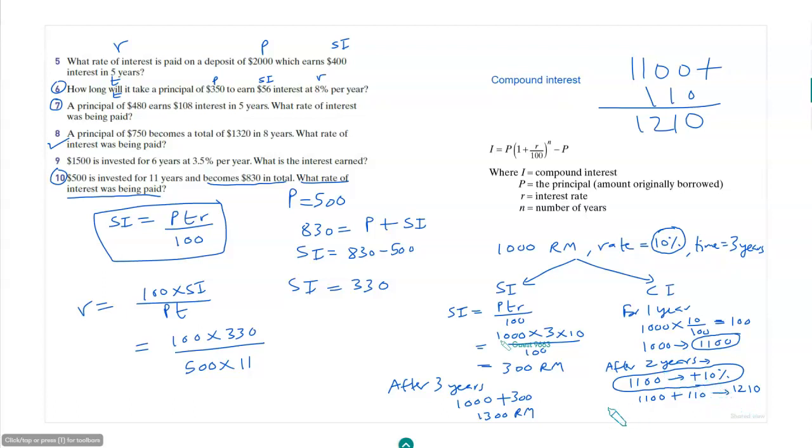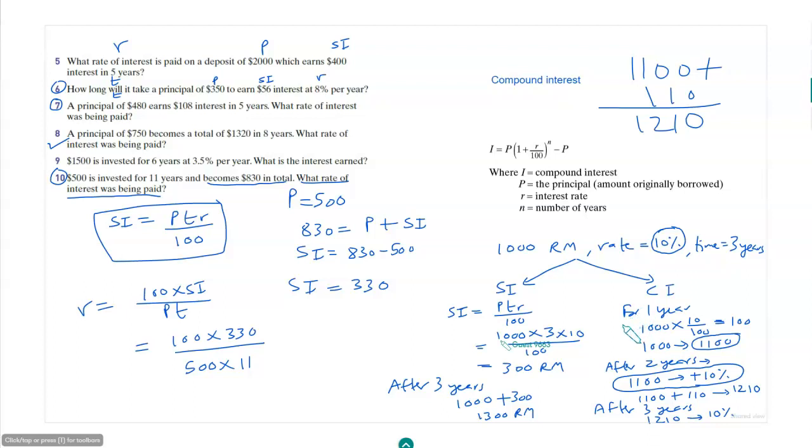Now what happens after 3 years? 1210 increases by 10%, so that is 121.